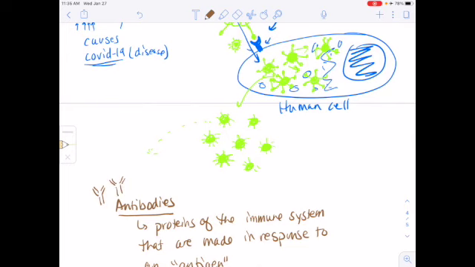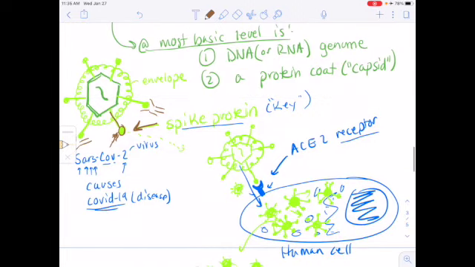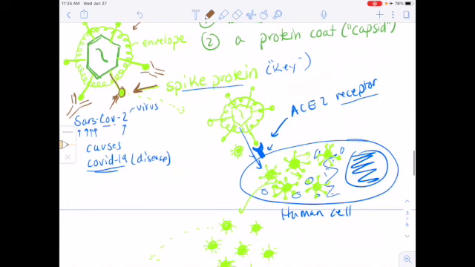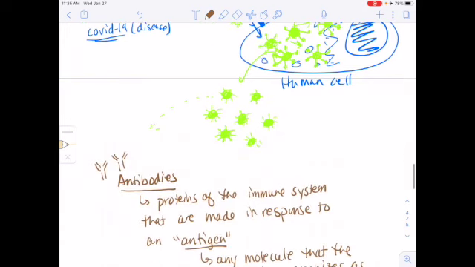And your cells will make a whole bunch of antibodies against it that tag this virus, and it basically tells your immune system, hey, everybody get over here and destroy this thing. These are what we call neutralizing antibodies.